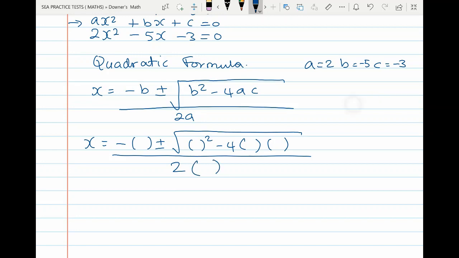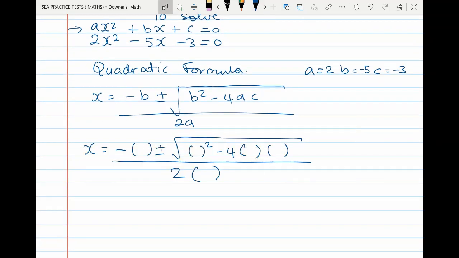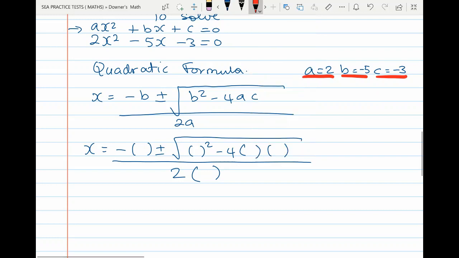And just for emphasis, we will change our marker to a different color. Let's use a red marker to represent A, B, and C. Let's just change the size a little bit so it can fit better.